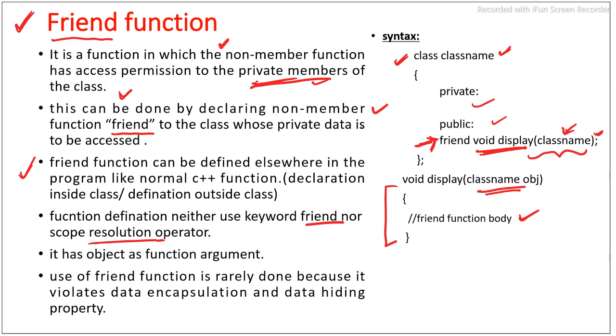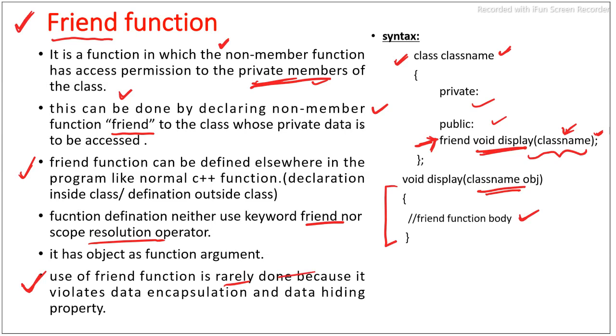We can also mark one point that it has the class as an argument, it has an object as a function argument. So in the main function we can pass the object as an argument. This friend function has one limitation, or disadvantage: its use is rarely done because it violates the data encapsulation and data hiding properties of a class.